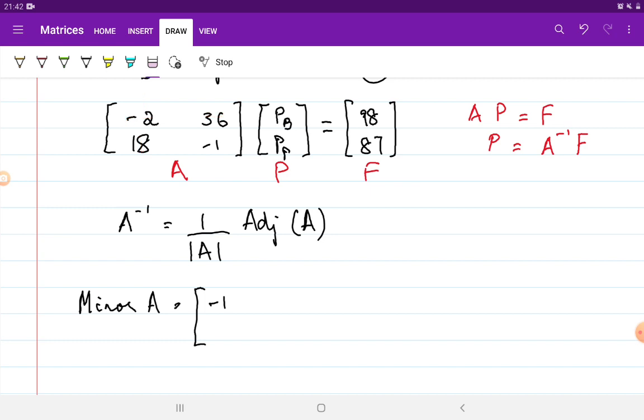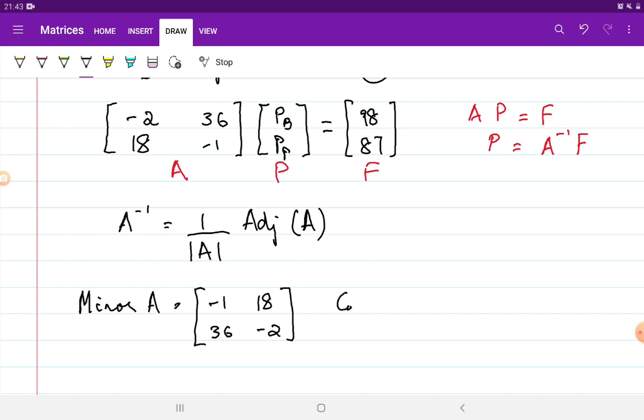Similarly, instead of 36, I can write 18. In the place of 18, I will write the minor 36. And in place of minus 1, I eliminate the row and column, and I'm left with minus 2. So this is the minor of the coefficient matrix.